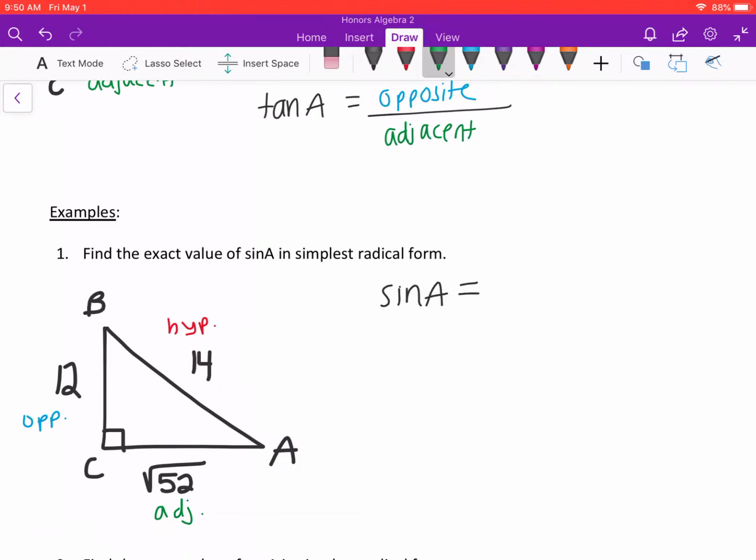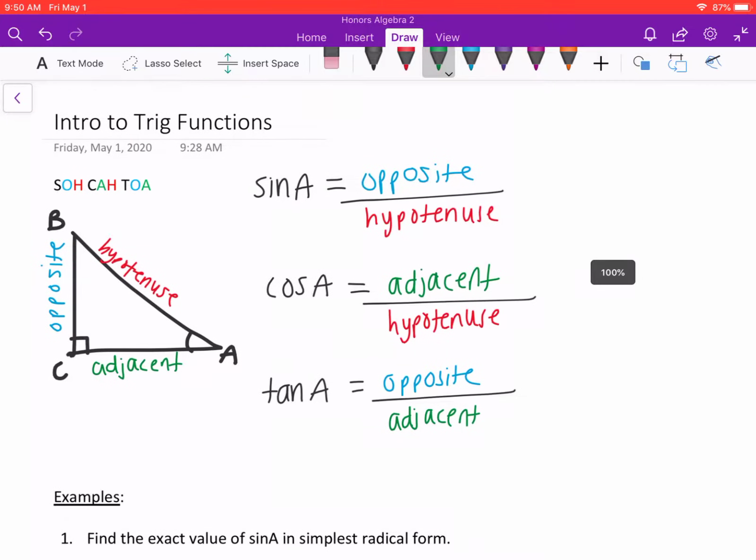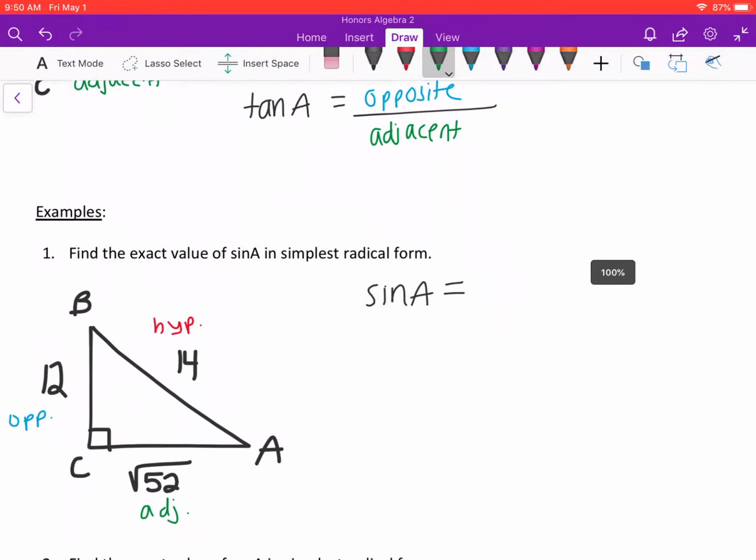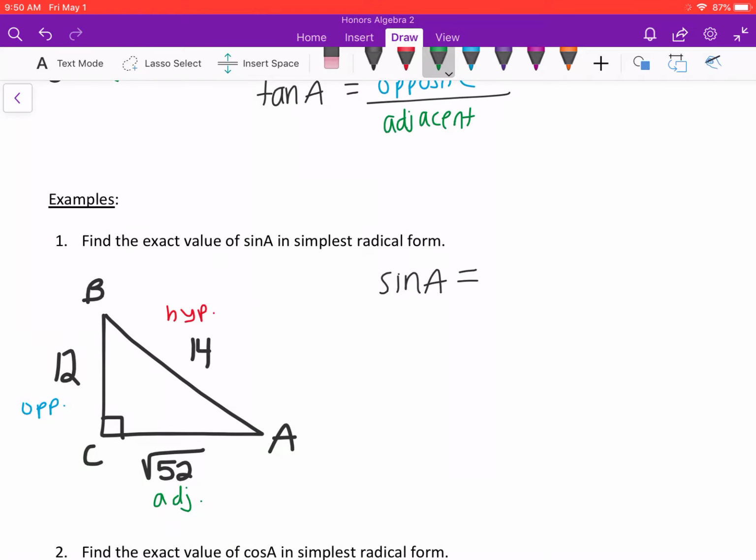If we scroll up, we said that our sine function equals opposite over hypotenuse. So I'm just going to write that down again. Sine equals opposite over hypotenuse. So it looks like I actually don't need the adjacent measurement for this particular problem. So I'm going to take the opposite side of angle A. The measurement of that is 12.